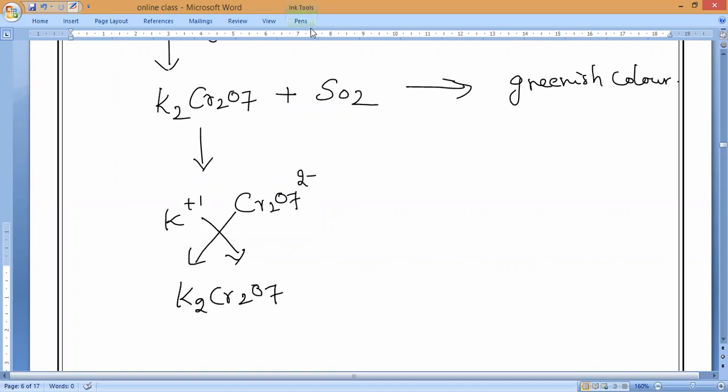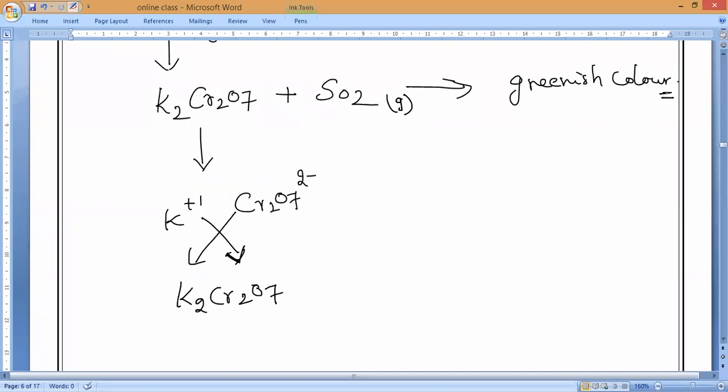Understand everybody? Please respond. Yes, sir. Yes, that is Tamil Selvan. Not at all responding. These are the things you have to remember. K2Cr2O7. What is the color of this one? Orange color. If you pass sulfur dioxide gas, it will turn into which color? It will turn into greenish color.